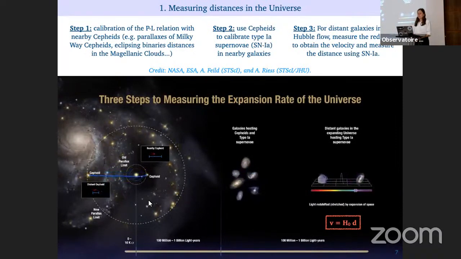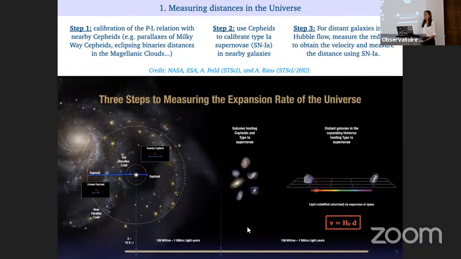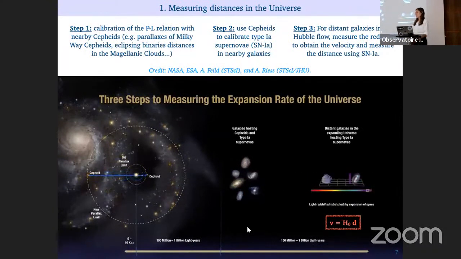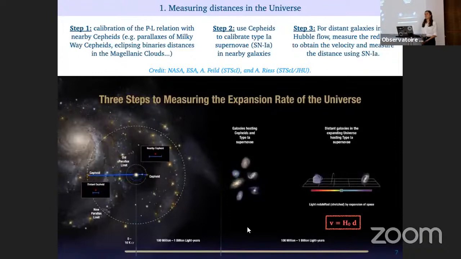The second step of the distance scale is to observe nearby galaxies where we can observe Cepheids and type Ia supernovae, which are secondary distance indicators. And using the PL relation, we calibrate the brightness of the supernovae. Finally, the third step is to observe galaxies in the Hubble flow, which means galaxies moving away from us under the effect of the expansion of the universe.